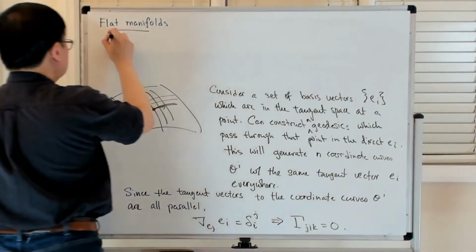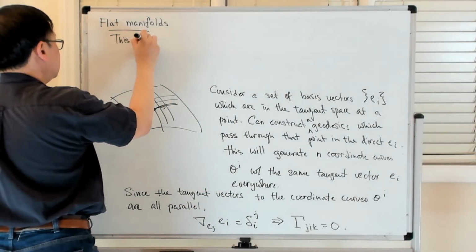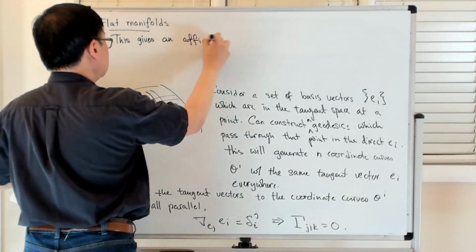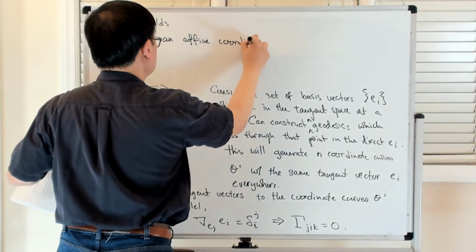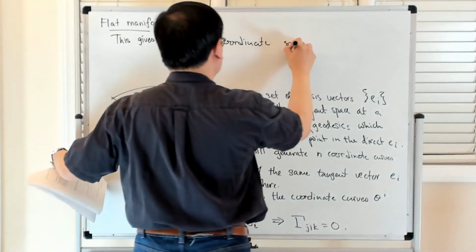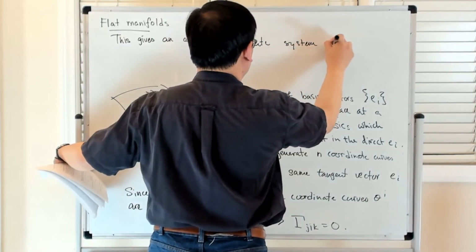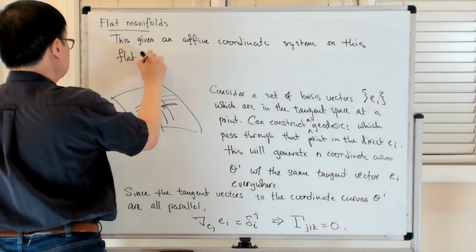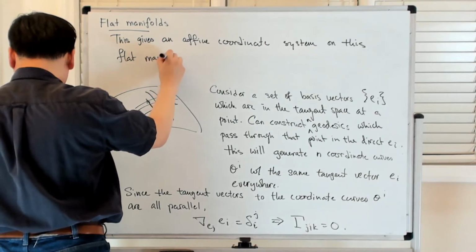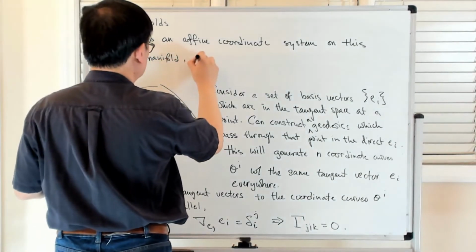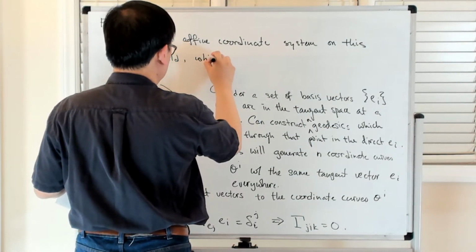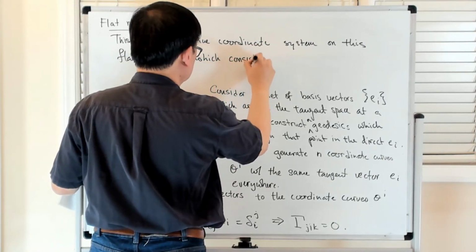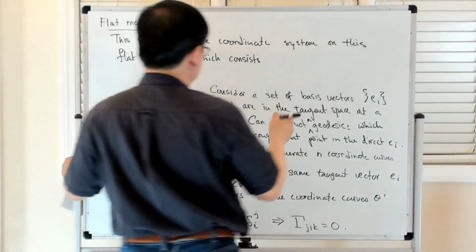So this gives an affine coordinate system on this flat manifold, and the coordinate curves consist of geodesics.